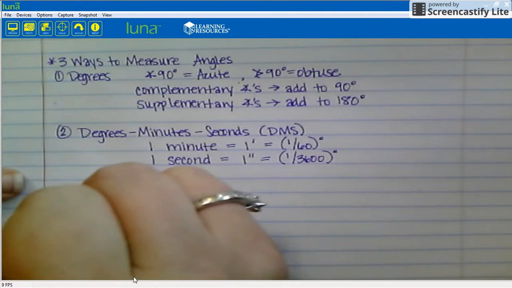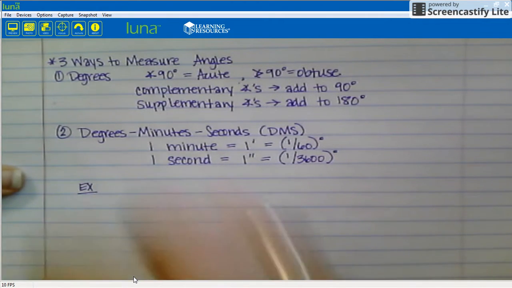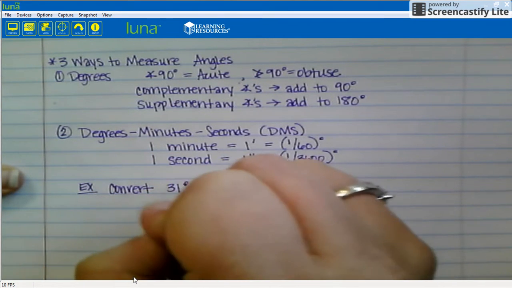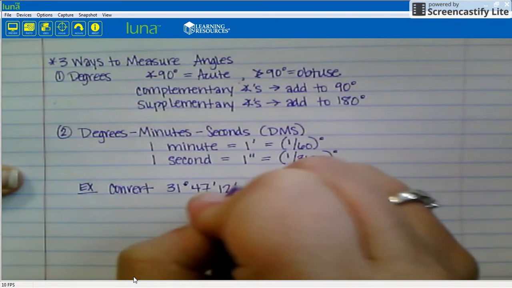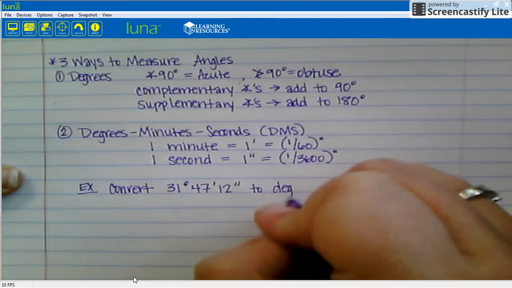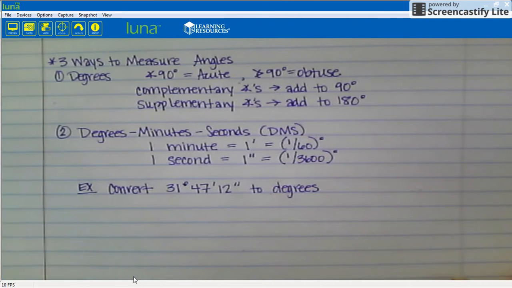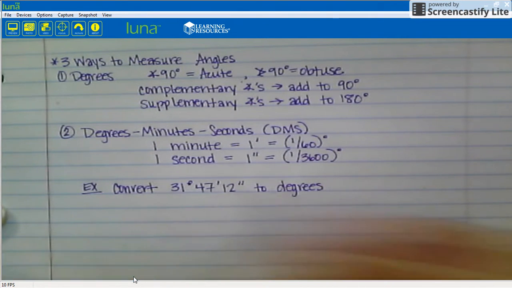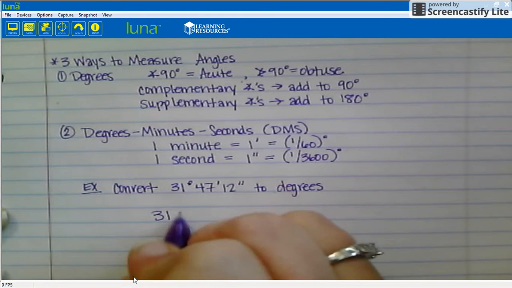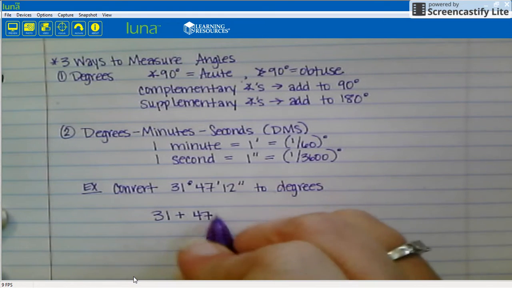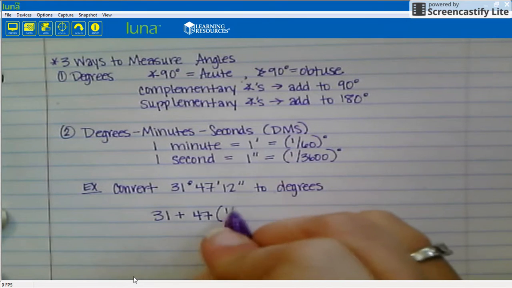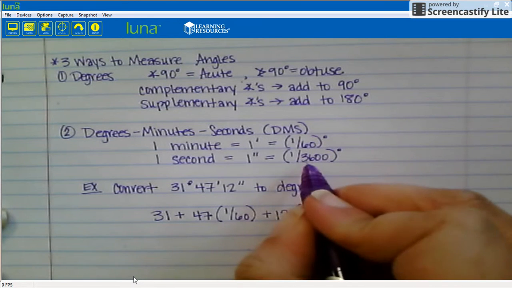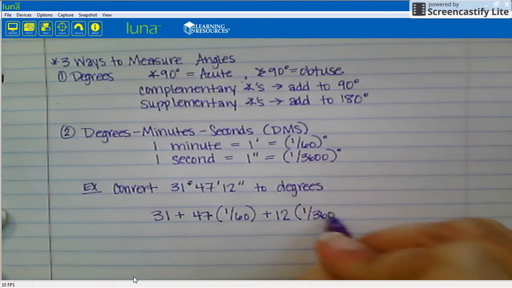So to convert, for example, if I told you to convert 31 degrees, 47 minutes, and 12 seconds to degrees, and out of its DMS representation, then I would take my 31 degrees, which just stays at 31 degrees, and I take my 47 minutes and I multiply it by the ratio of 1 over 60, and then I add my seconds and I multiply them by the ratio of 1 over 3,600.